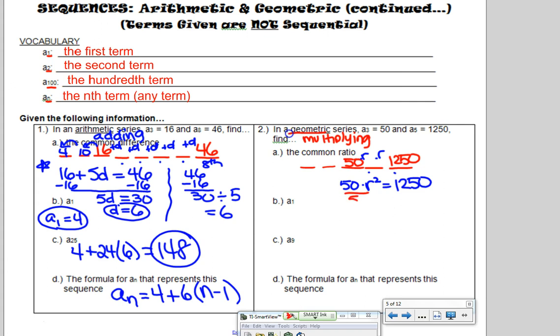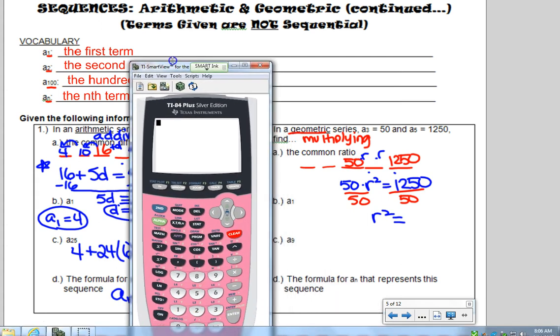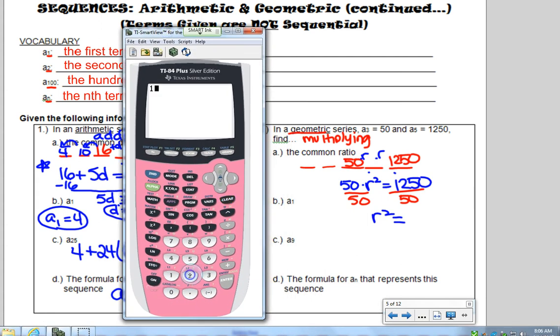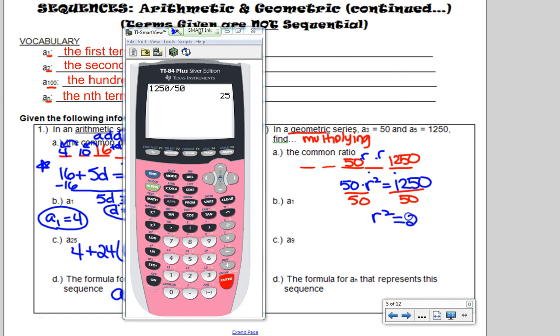I'm going to divide out the 50. So R squared equals 25. And that means I take the square root, and the R value is 5.